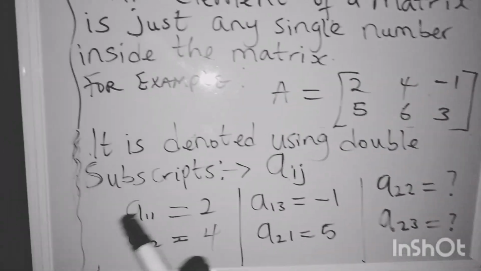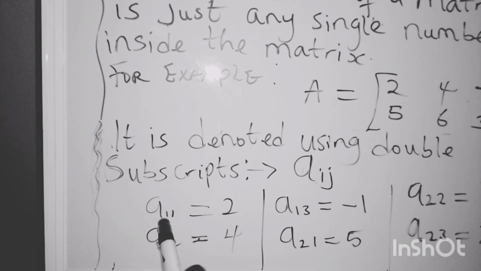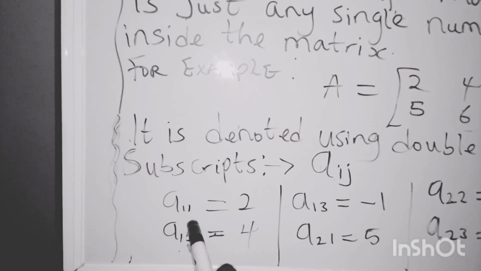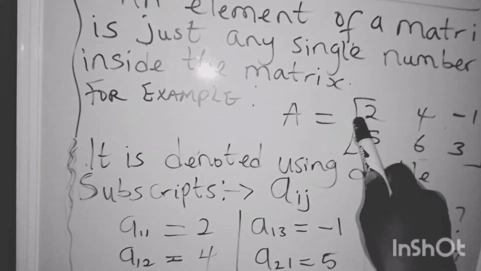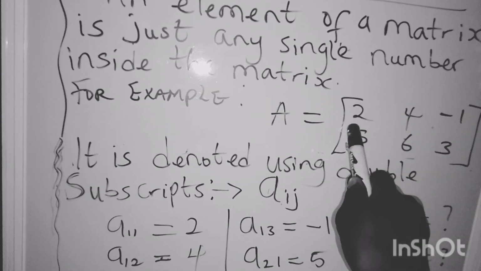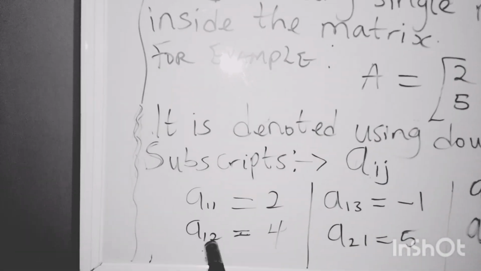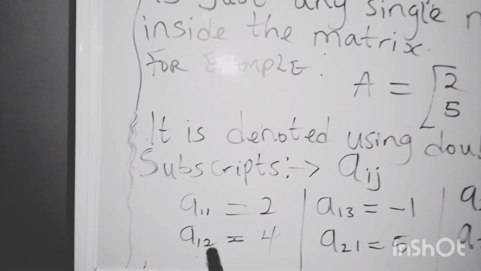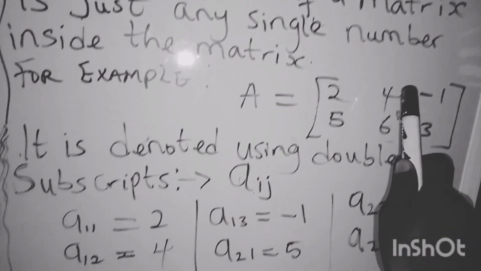For example, what is the element in the first row, first column? The element in the first row, first column is 2. What is the element in the first row, second column? The element in the first row, second column is 4.